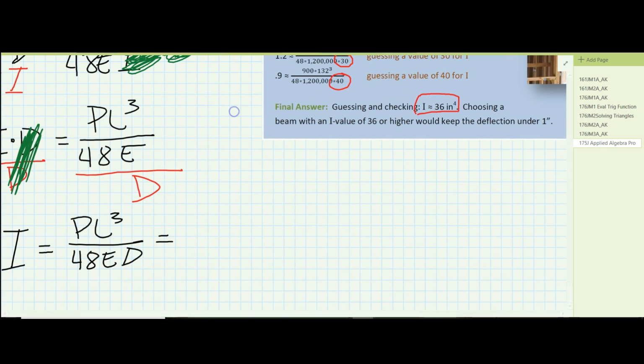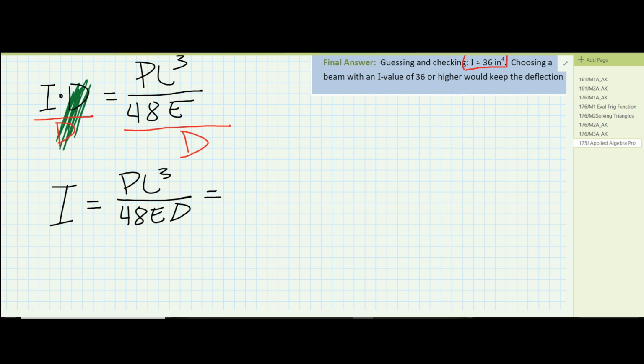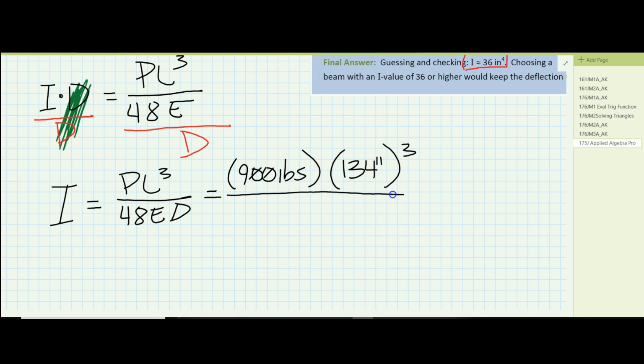So let's write all that in. So we have 900 pounds, L is 134 to the third, divided by 48, 1,200,000 psi, and then our D value is 1 inch. Now we can easily plug these numbers in to get our answer.